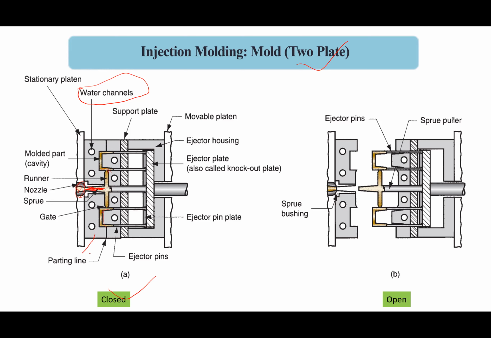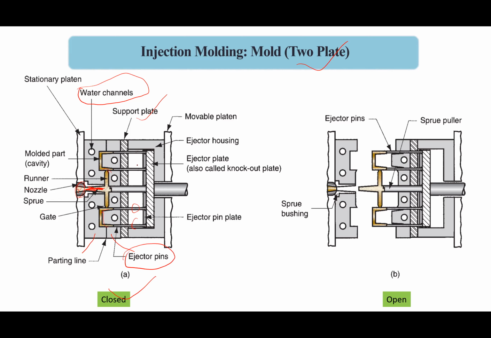Okay, the fixed or movable, whichever it is, has the water channel to supply the cooling water to cool the part as soon as possible. And there is a support plate that actually supports the movable platen in here, and these are the important thing, the ejector pins.